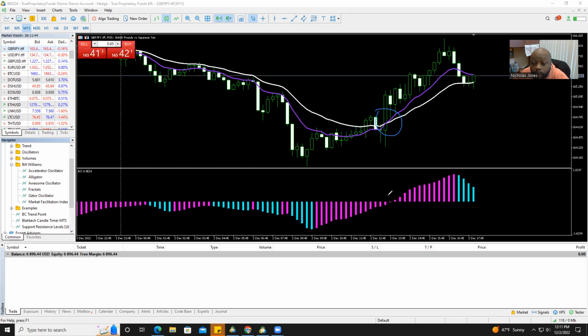We also see a crossover here on the Awesome Oscillator. So what we do is we wait until we get an active candle in the uptrend going this way to do a buy trade, right?